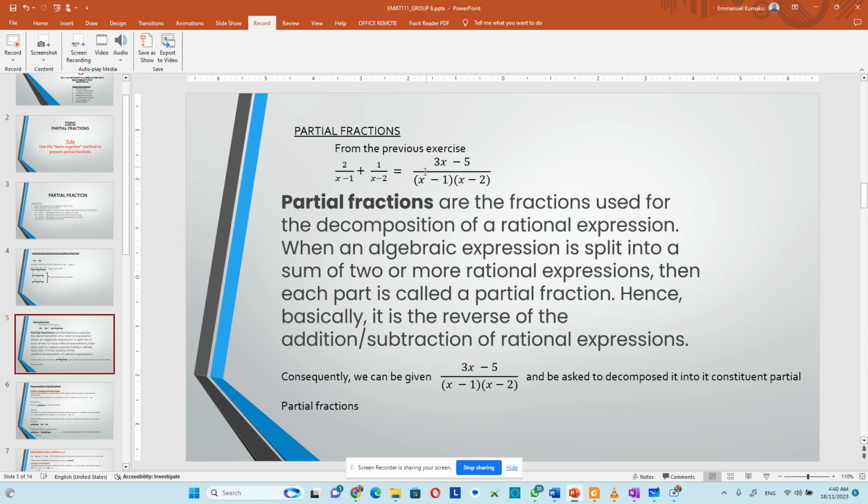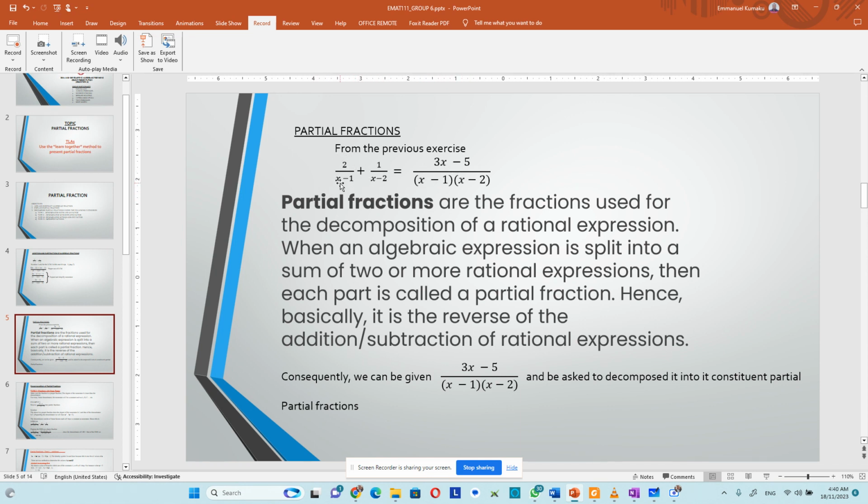When you are also given the right-hand side and asked to break it down into each constituent fraction, that is what we call resolving or decomposition into partial fractions. So when you are changing this back to this one, then you are resolving or breaking it down into partial fractions. Each fraction here is a part of this one.